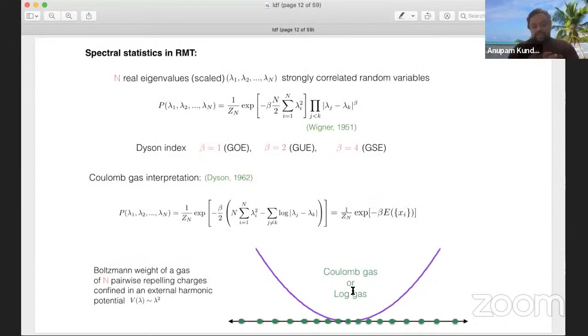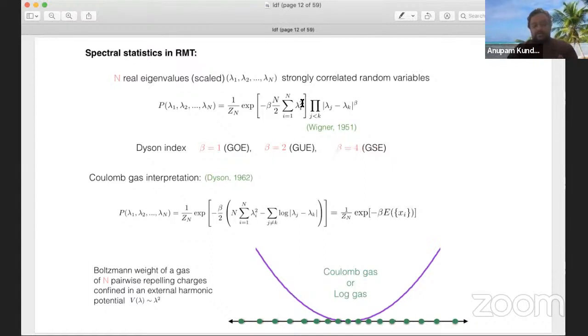This question was answered by Wigner in 1951, and he got this elegant result for the joint distribution of the eigenvalues. This is the explicit expression, where Z_N is the normalization, which we know as the partition function, and it is characterized by a parameter beta, which takes values 1, 2, and 4, corresponding to the ensembles GOE, GUE, and GSE.